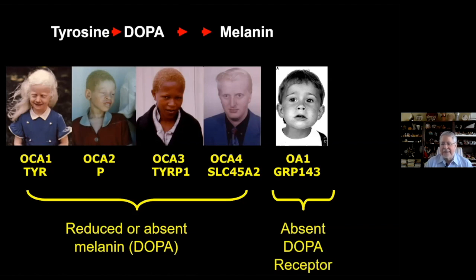So this has led to lots of different studies to look at whether or not we can augment DOPA to correct some of the vision problems in people with albinism. It's quite complex because the visual system develops very early in life.